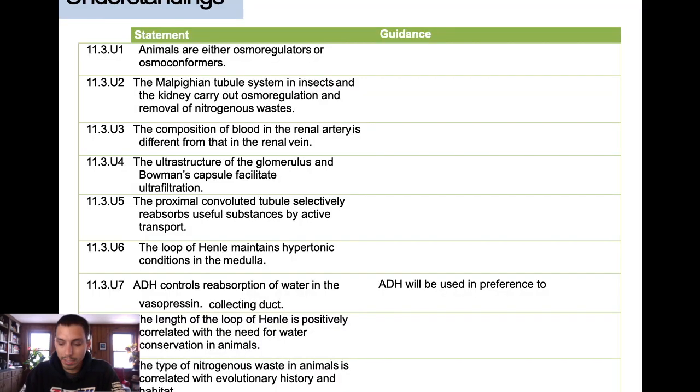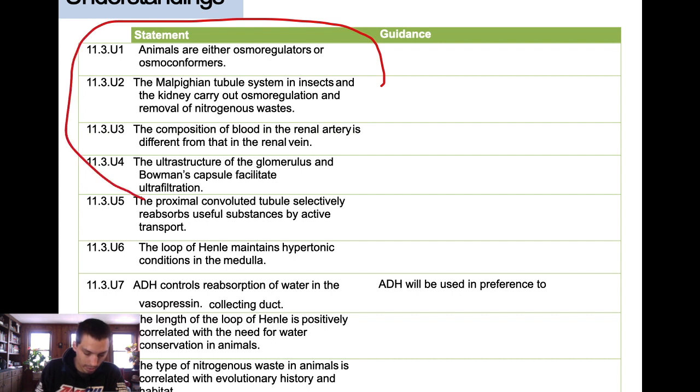So here are our understandings, and we are only talking about part of this topic today. We're not talking about all of the understandings, but we're talking about these first 4. Animals are either osmoregulators or osmoconformers. The Malpighian tubule system in insects and the kidney both carry out osmoregulation and the removal of nitrogenous waste.